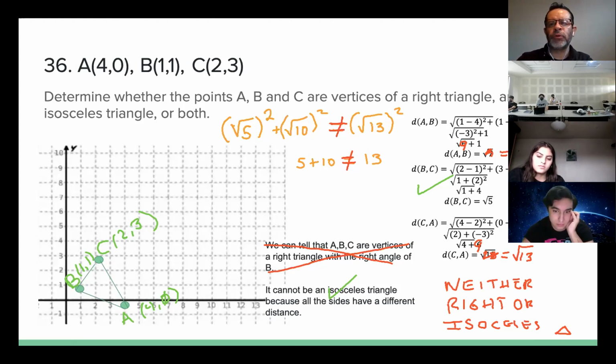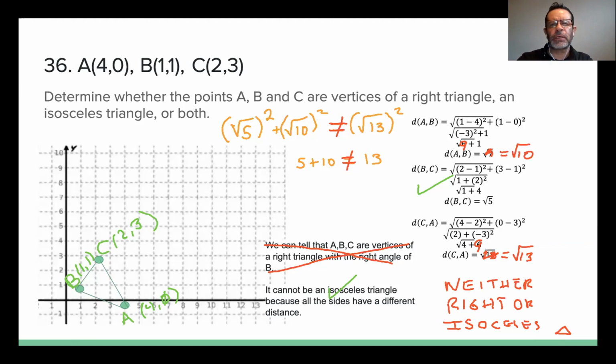Let me not move the slide, please. I'll just take a quick screenshot here so we can add these to the corrections. So we just have to be a little bit careful with the calculations, neither a right nor isosceles triangle.